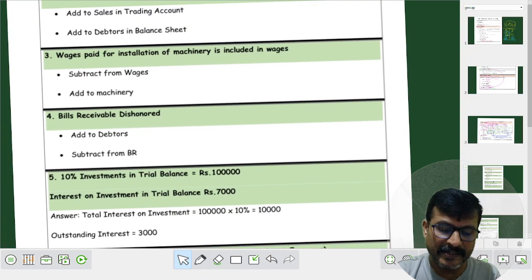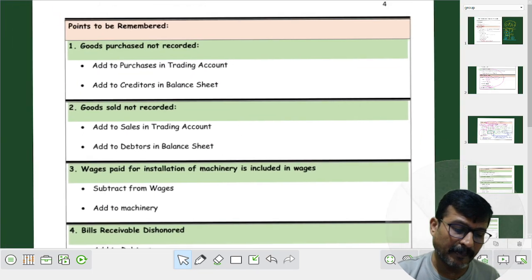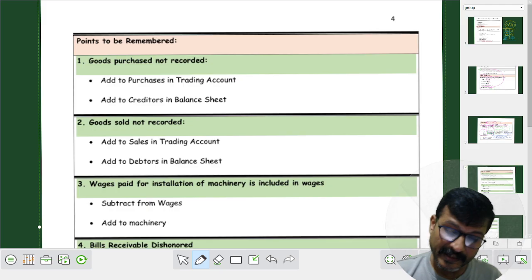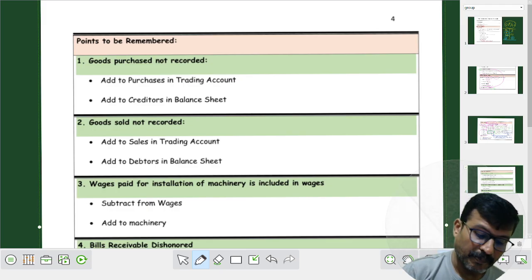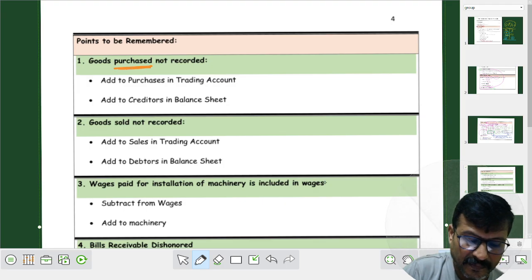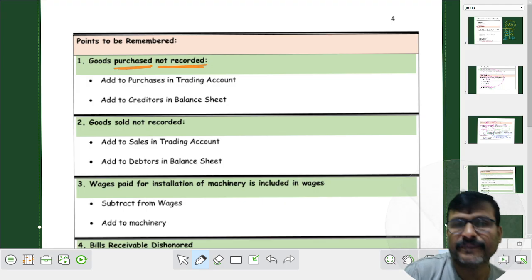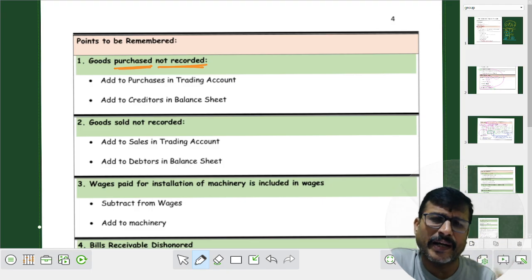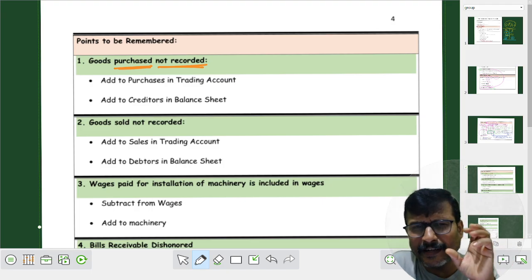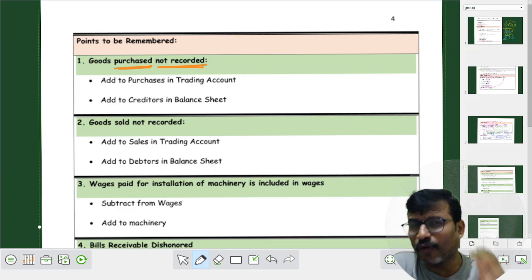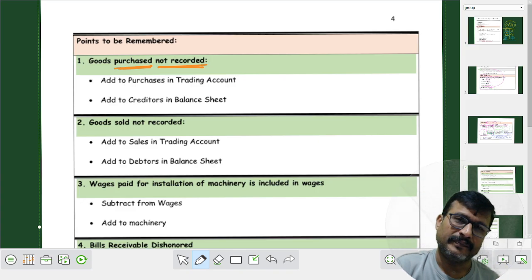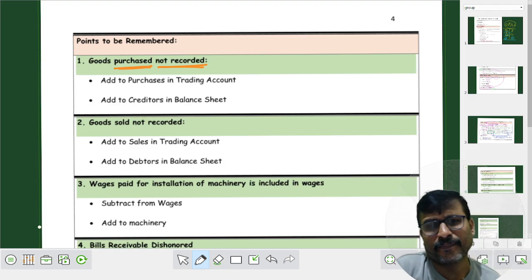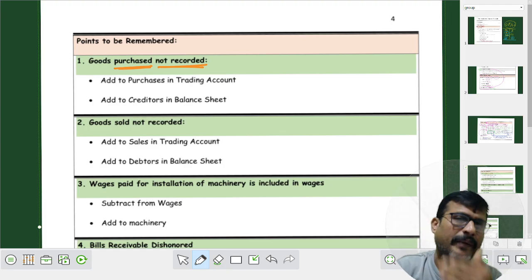Let us have some points to be remembered, my dear student. Let us have the basic idea of some points to be remembered. See here, the first one, goods purchased, not recorded. Student, in order to have the complete knowledge of solving the final account, I mentioned nearly 23 points to be remembered.